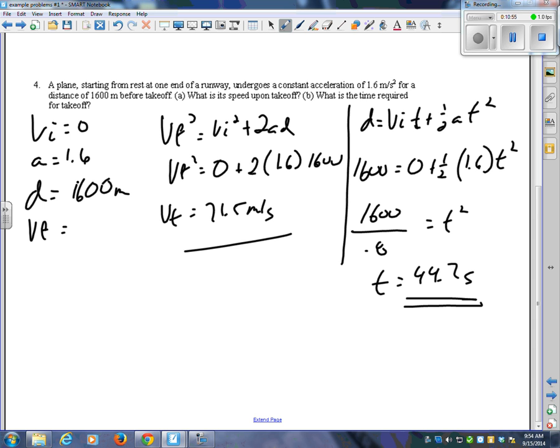Do you think, based on any experience you might have being on planes, that that is a reasonable answer? No. Takeoff is way shorter. Your takeoff is much shorter than 44.7 seconds, right? So of all those variables, which one do you think is out?